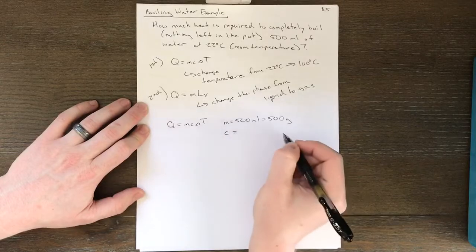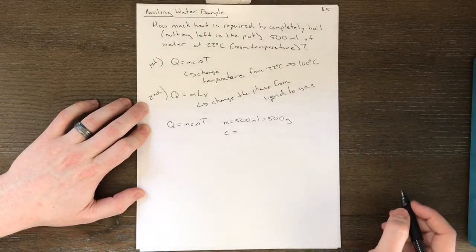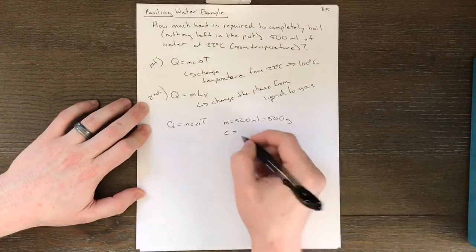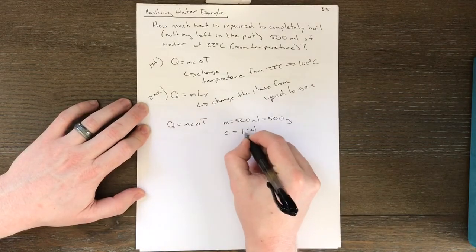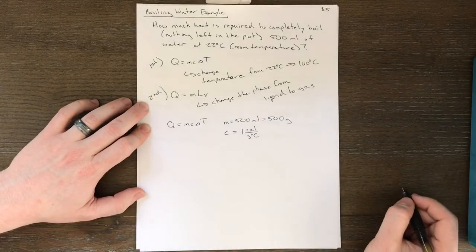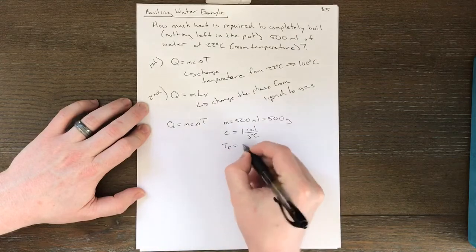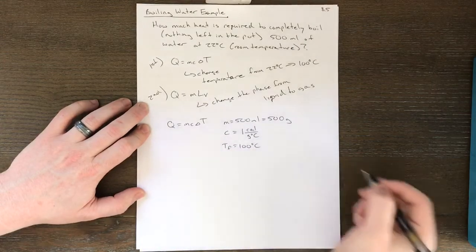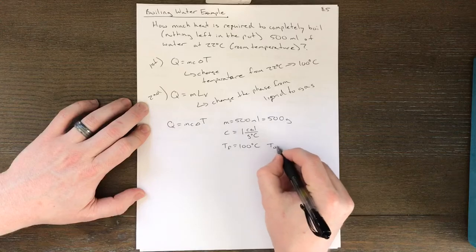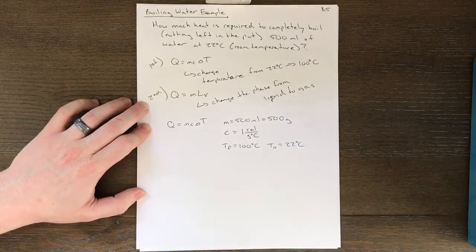The specific heat of water is something we can always look up, but water is one that is actually particularly easy because it is just 1 calorie per gram degree Celsius. And then our delta T, well, to compute delta T, we need to know our final temperature. It's going to end at 100 degrees, and we need to know our initial temperature. It begins at 22 degrees Celsius.